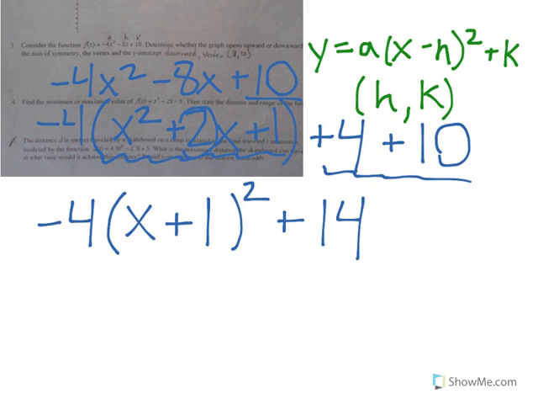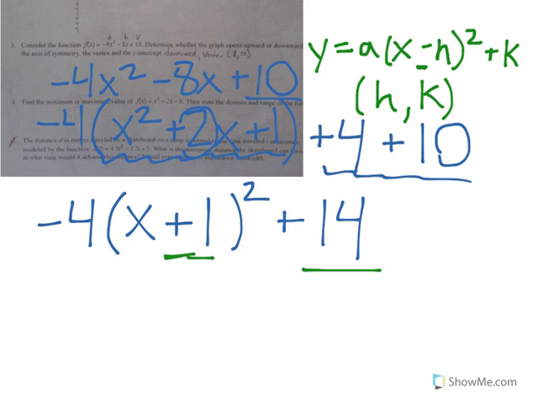Okay, so now it's in h-k form, and I can see my h is here, my k is there. But it says plus instead of minus, and my h-k form has a minus in it.